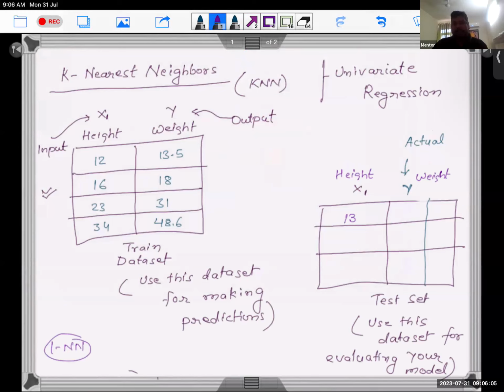If the sample has the height as 13, what would you predict? 13.5. So this is the predicted value. I'm going to call it y hat, which denotes the predicted value. This is the value which comes out from one nearest neighbor.